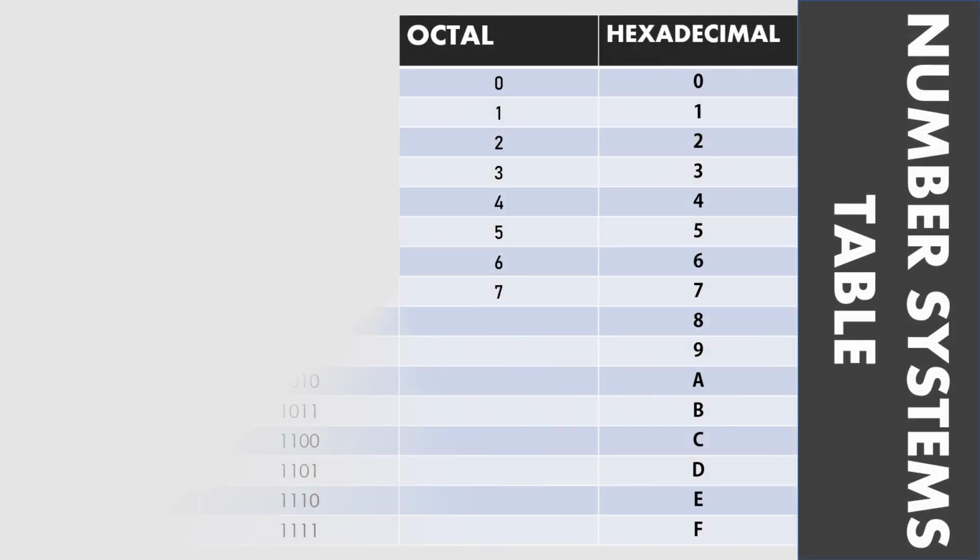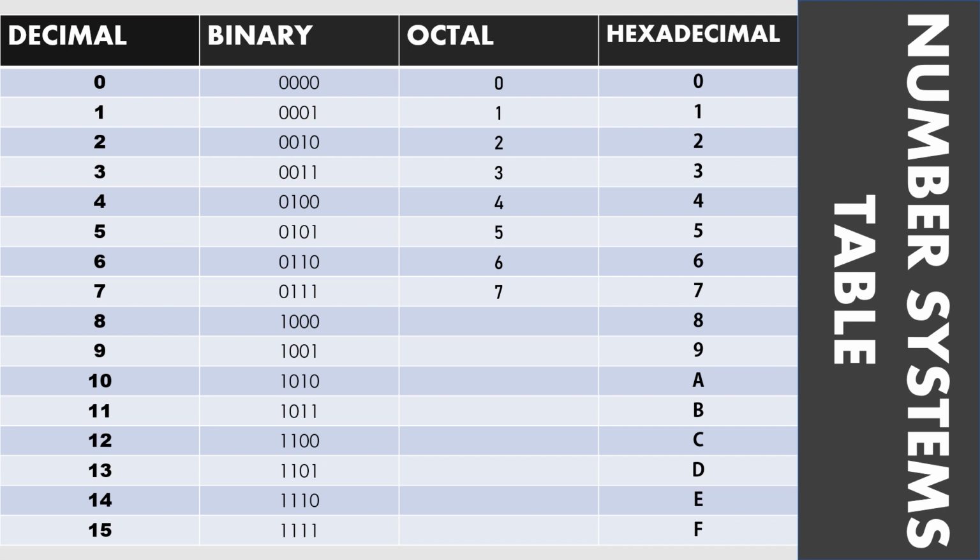For the tables of the number systems, we have here the decimal, binary, octal, and the hexadecimal. For the decimal, which is the base 10, it is composed of 10 digits, which are 0, 1, 2, 3, 4, 5, 6, 7, 8, and 9.